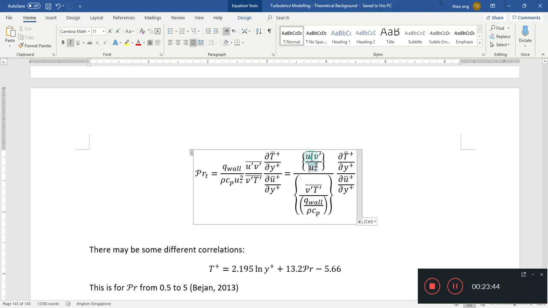The Prandtl number doesn't affect the wall friction as much compared to the wall heat flux, because you can prescribe the wall heat flux almost arbitrarily, and wall friction is more a function of the Reynolds number.